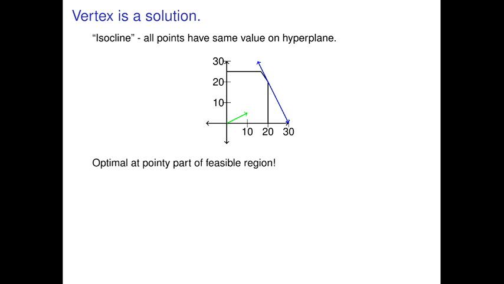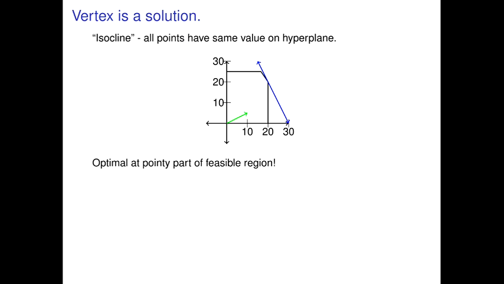Okay, the pointy part of the feasible region is not very mathematically precise, right? So what is the pointy part? An intersection between two boundaries. Yeah. Every boundary, remember, is made up by these inequalities.